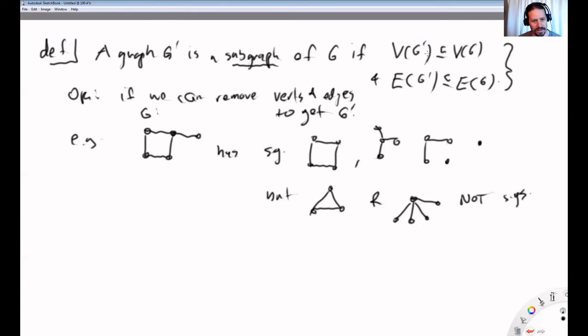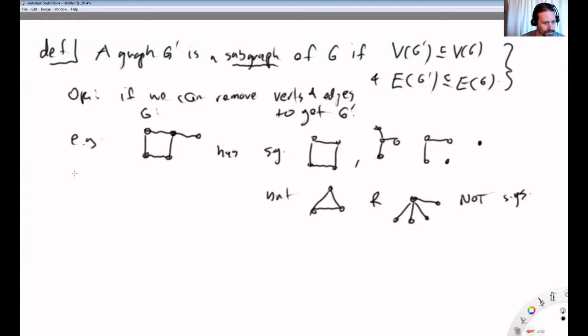Or maybe more interestingly, the graph of a single vertex by itself is also a subgraph, assuming the graph you started with had at least one vertex, which is a safe assumption. In fact, the graph of a single vertex is often called the trivial graph, and very often we don't even talk about that graph either, because what on earth are you going to prove about a graph with a single vertex? There's nothing to say. We know everything.